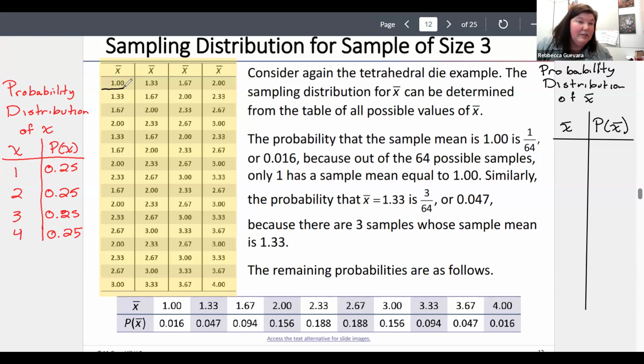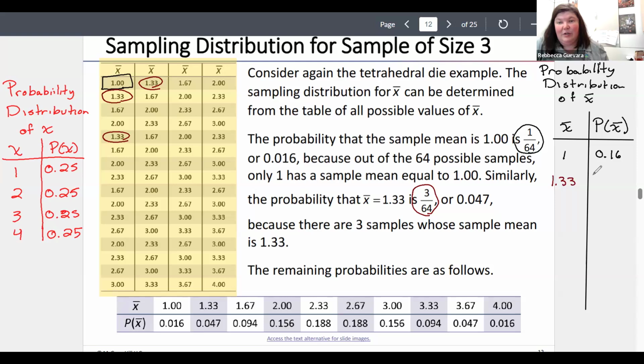If we go back over here, we got a mean of 1, which happened 1 out of 64 times, so the probability is 0.016. The mean of 1.33 happened 3 times out of 64, so it has a probability of 0.047. I can keep on doing this for each number.